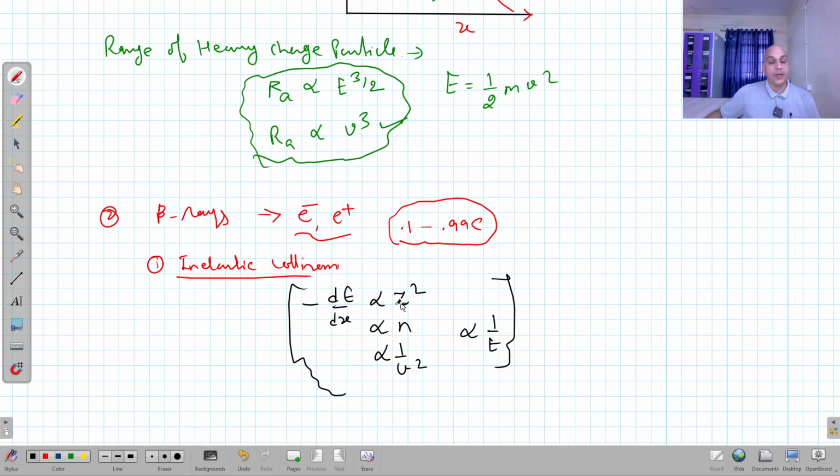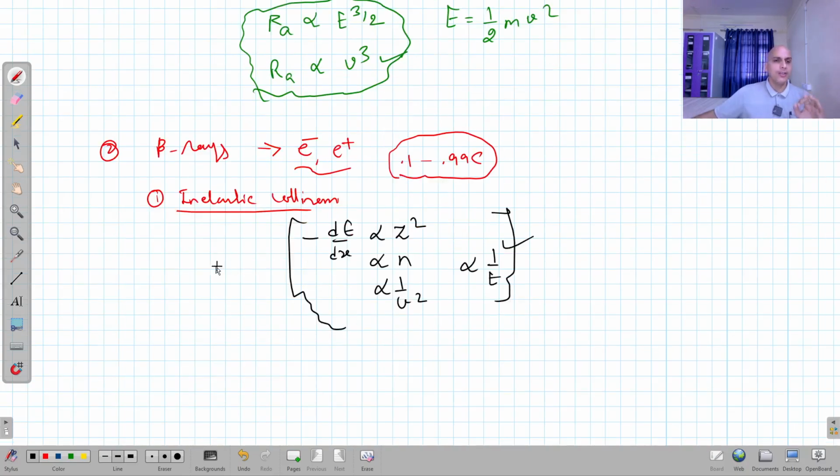In case of alpha particle it was 2, so it is 4, meaning alpha particle has 4 times more energy loss as compared to electron. Velocity of the electron is very high, so again the energy loss is small. So the energy loss of the electrons is different from the energy loss of a heavy charged particle, and these are the factors on which inelastic collision energy loss of the light charged particle depends, right?